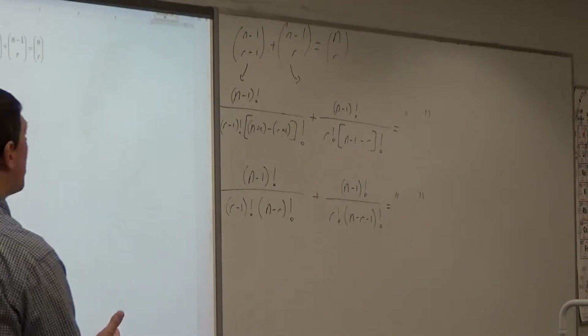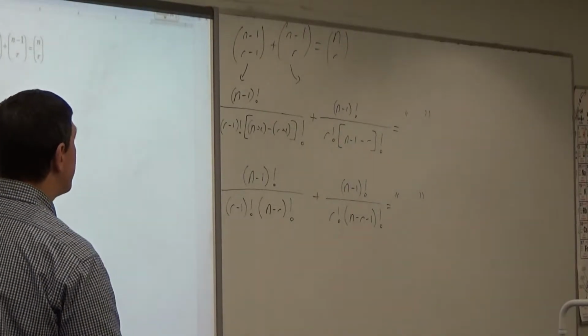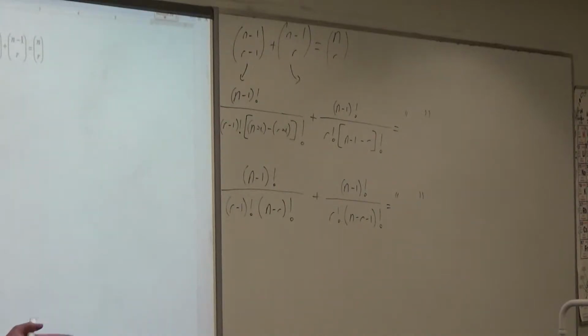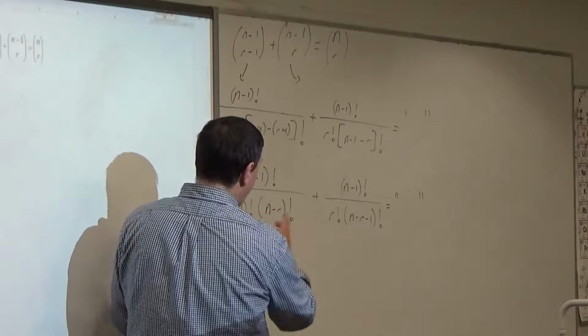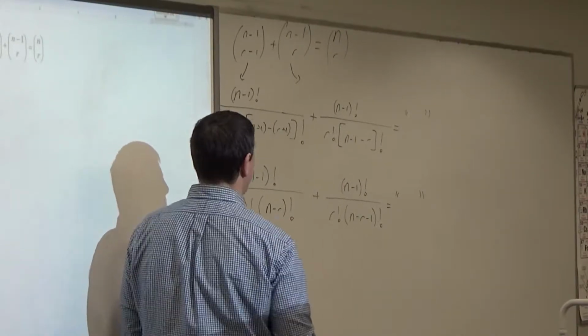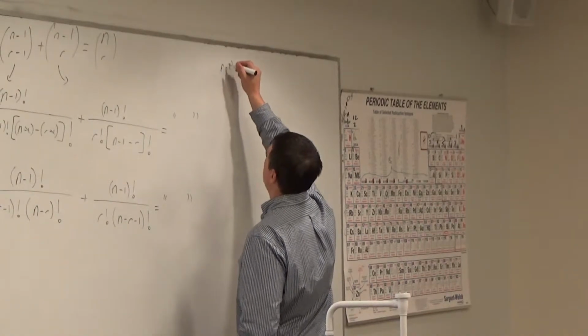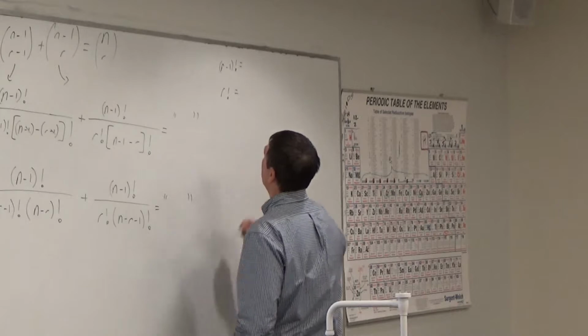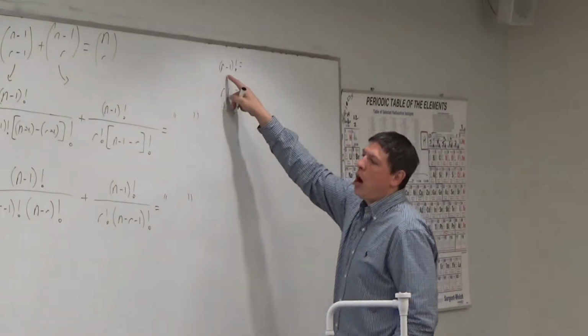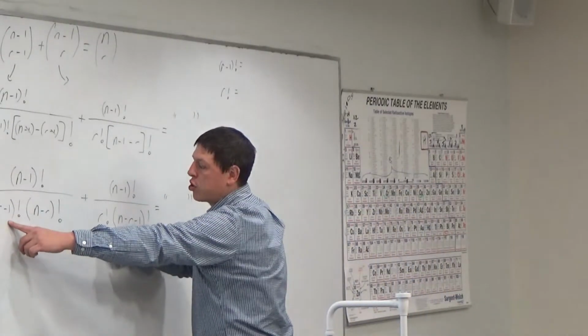And for some of you guys, being able to get the common denominator might be difficult. So what I always like to do is write out whatever I think might be the pairs that might get me to a common denominator. So let's write out r minus 1, and you don't have to write this out, by the way. This is just to help some of you guys see the common denominator. I know that these two look very close to one another.